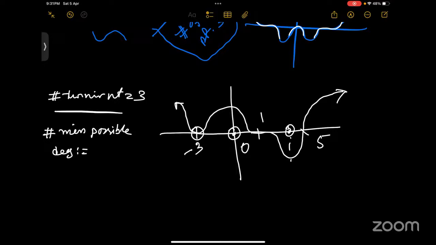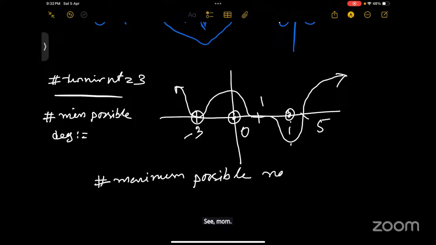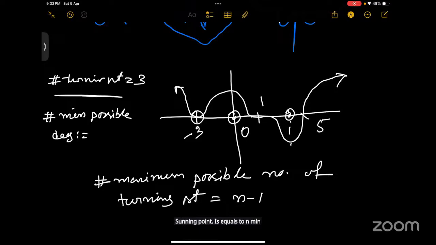Okay. So see, the maximum possible number of turning points is equal to n-1, where n is the degree of the polynomial.